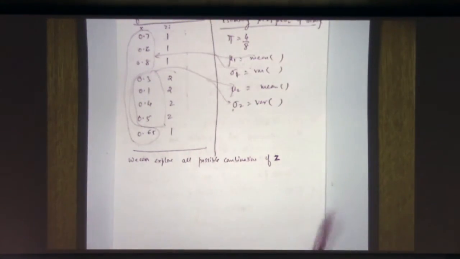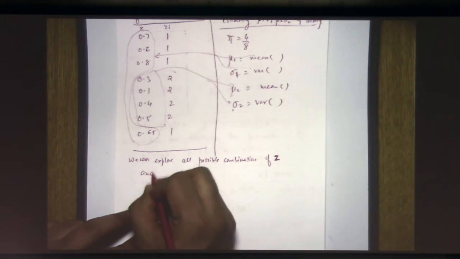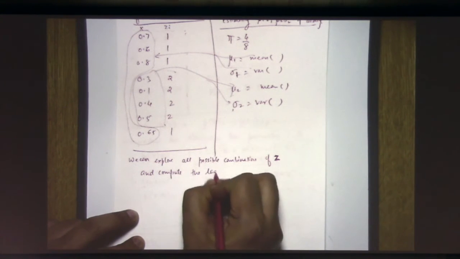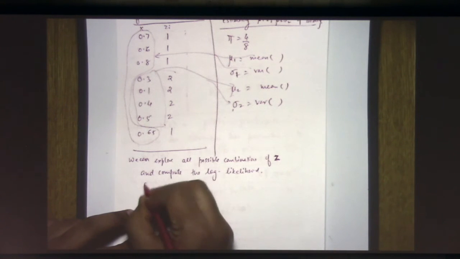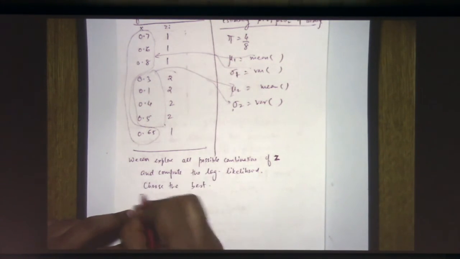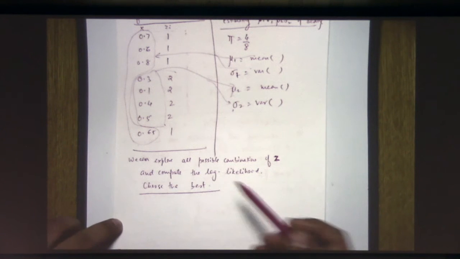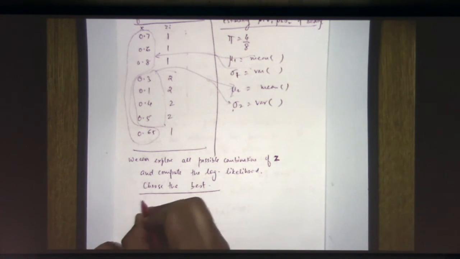So we try all possible combinations of z, compute the log likelihood, and choose the best, or choose the assignment and mu and sigma for which the likelihood is the maximum. But that of course is computationally infeasible.